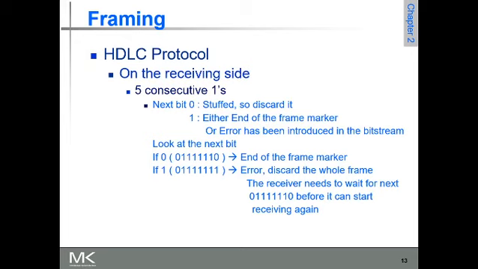It is stuffed. So the receiver knows that after 5 consecutive ones a 0 will be coming, so the receiver will discard the 0 after the 5 consecutive ones. So it is clear that it is a stuffed 0, in order to distinguish that data part from the starting and the ending sequence.